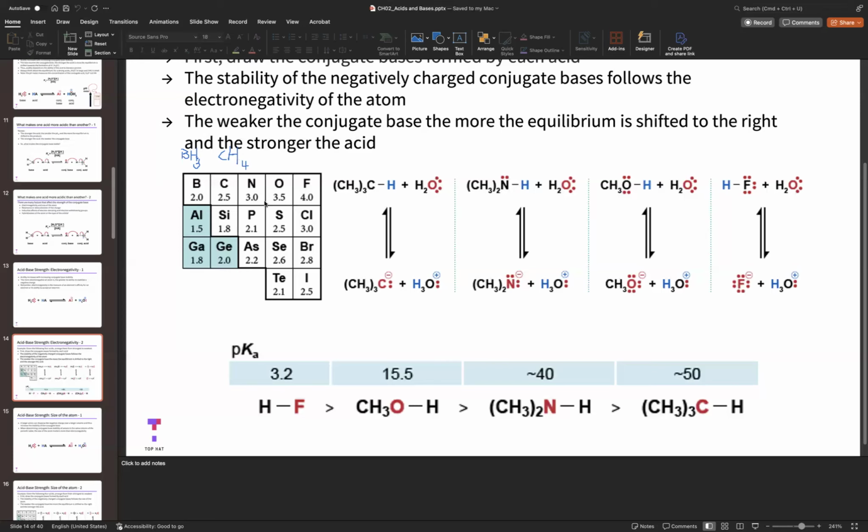Just to donate a proton. And while they do not prefer to donate a proton, under certain circumstances, we can force them to donate a proton. So if they were to donate a proton, which one would be a stronger acid? Borane, BH3, or methane, CH4. Which of these two would be a stronger acid based on what we just talked about? You tell me.